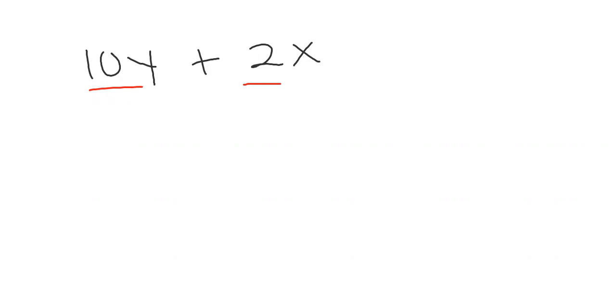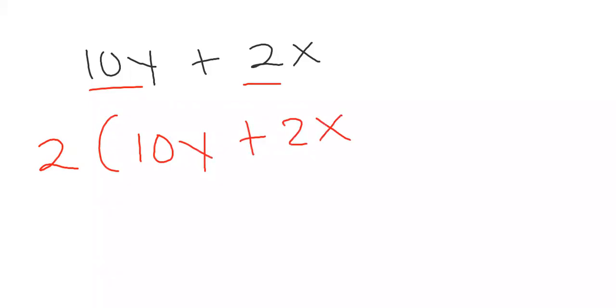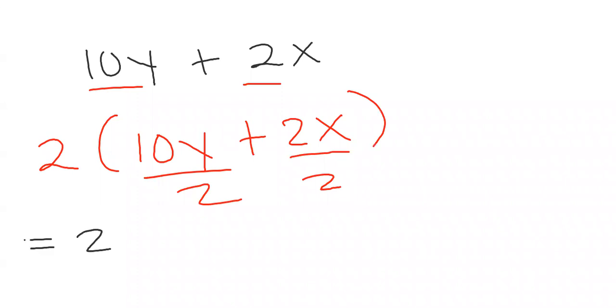What is the highest number that can divide 10 and divide 2? That number is 2. From there, we take our entire expression and divide it by everything that is outside the brackets. 10 divided by 2 gives us 5, then of course our y is going to be there.